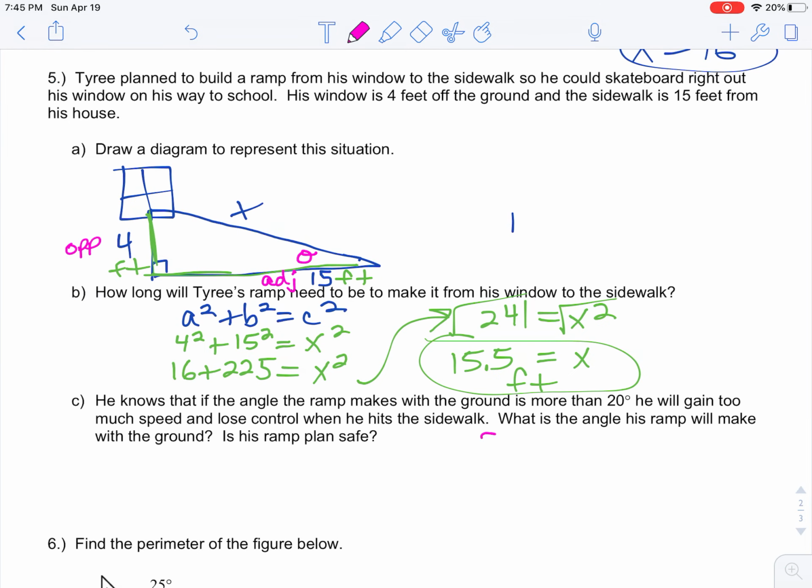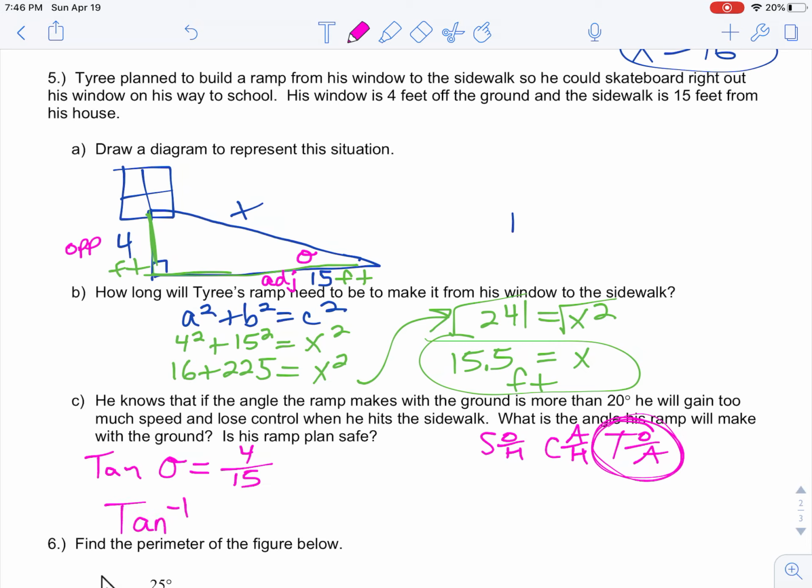So if we go back to SOHCAHTOA to think about which trig ratio uses the opposite and the adjacent, that would be our tangent. So we're going to say the tangent of theta will equal the opposite over the adjacent. And then in our calculators, we would type in the inverse of tangent, 4 divided by 15, should equal theta.